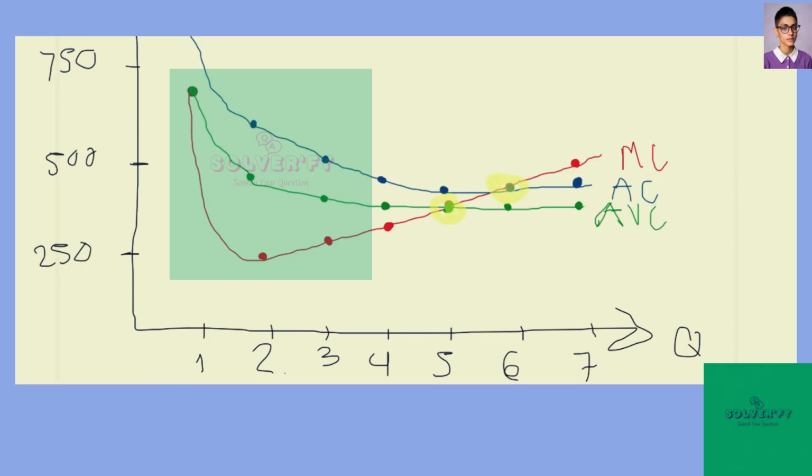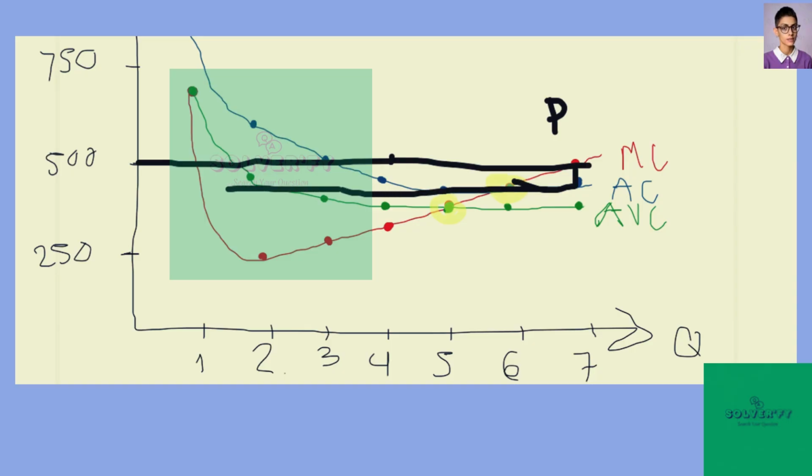If we decide to have a price of $500, setting the price here, we can graph our profit towards the average cost, and then a straight line back to the axis. And this box is going to be our profit.